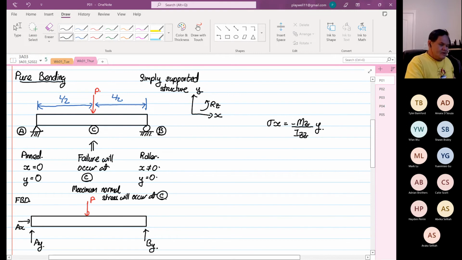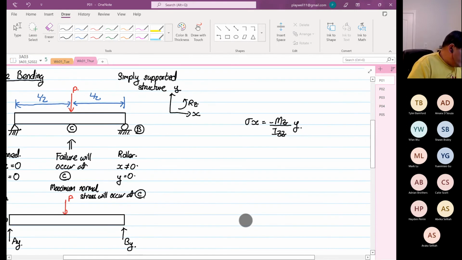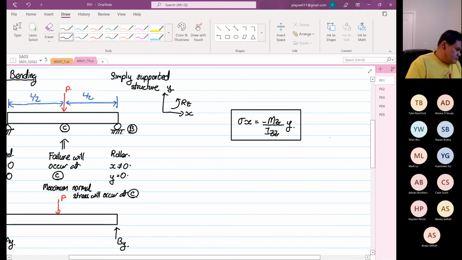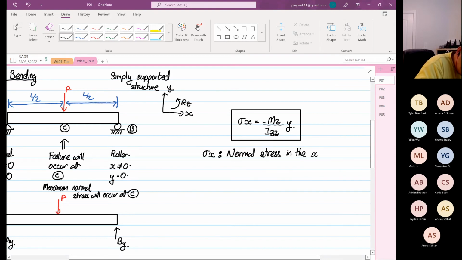This is the first formula that you have seen before. Just to help you recap, sigma x represents the normal stress in the x direction.